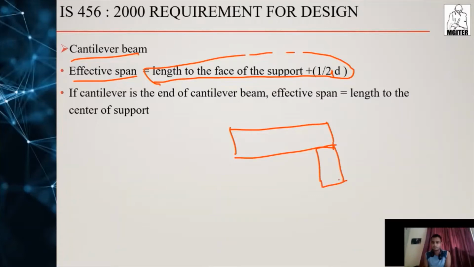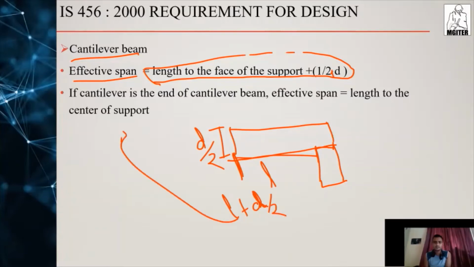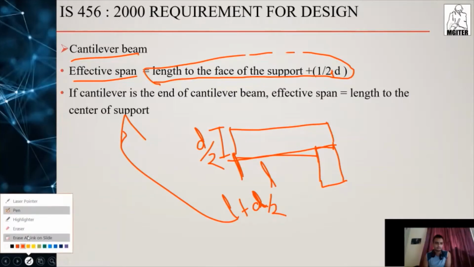Here is the face of support and here is the length to the face of support, plus d, effective depth, by 2. So L plus d by 2 for the cantilever beam. Understood?